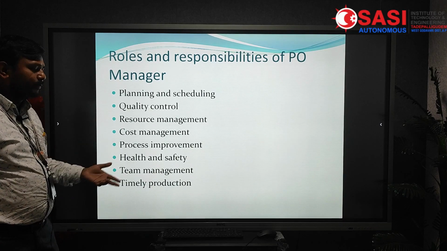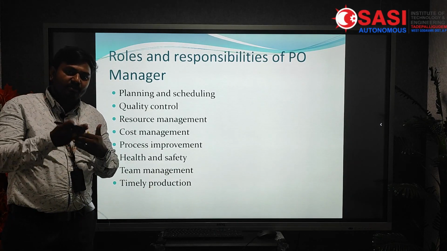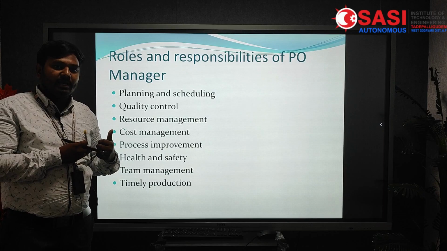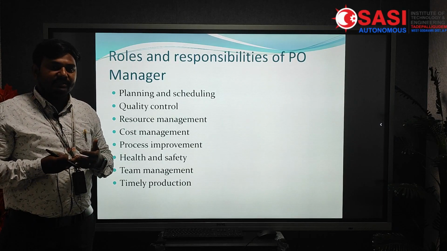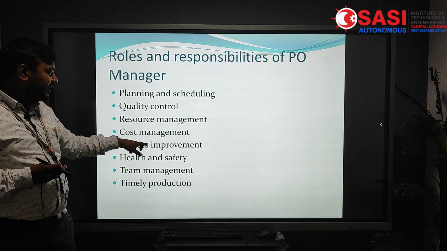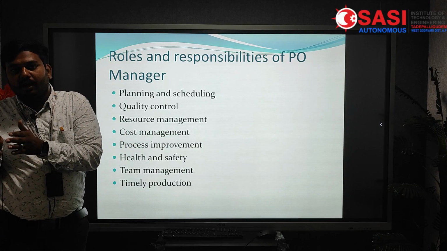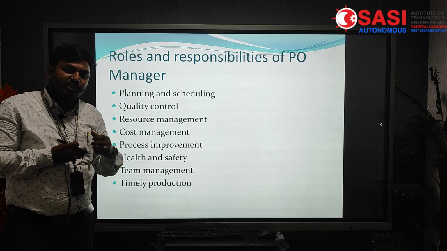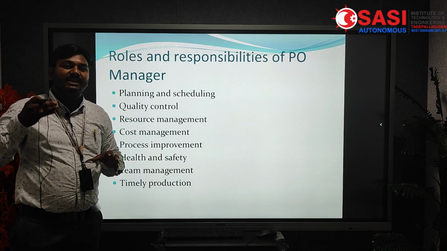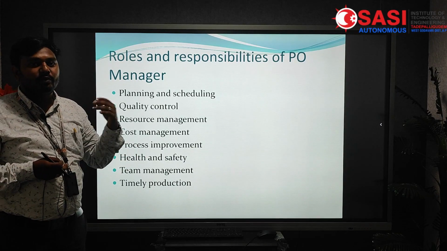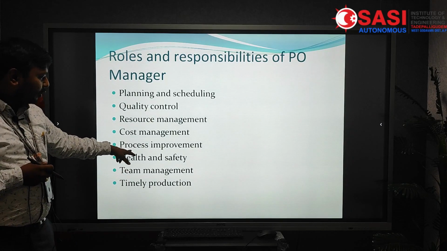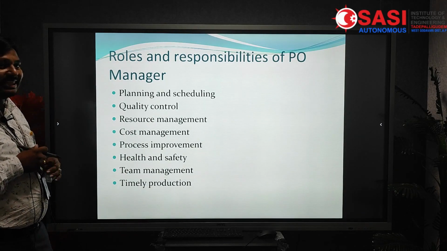Process improvement. Various series of steps are involved in the process of producing the goods or services. If there are any idle steps involved in the production process, you need to remove them. If any other extra steps are needed, you need to add more. So process improvement is also needed. Health and safety.